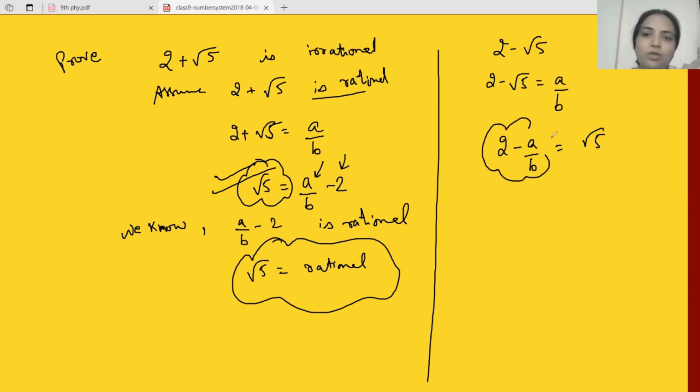So you will prove, अरे ये तो रैशनल है, I know 2 - some rational number, it is rational, है ना। हमने किया है ना ये कि क्लोजर प्रॉपर्टी, rational numbers minus rational number is always a rational number. So this is the rational number we know is equal to √5, right or no?